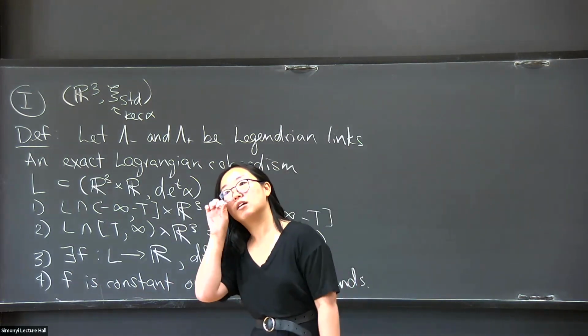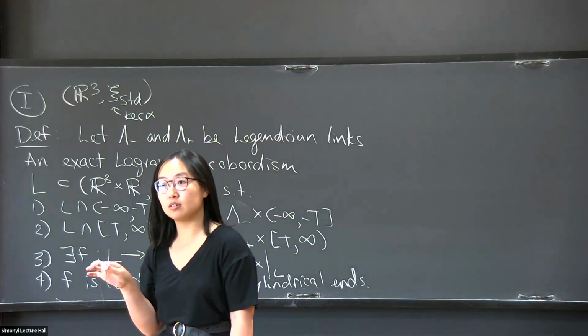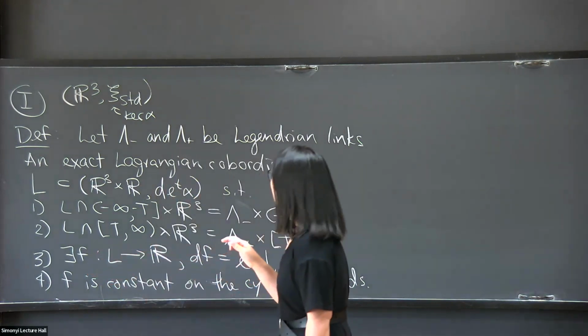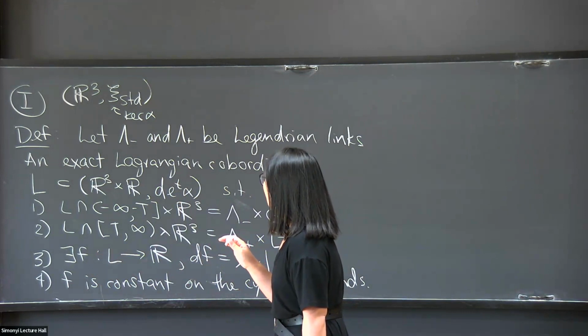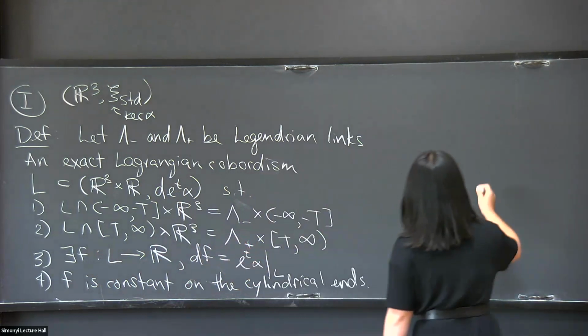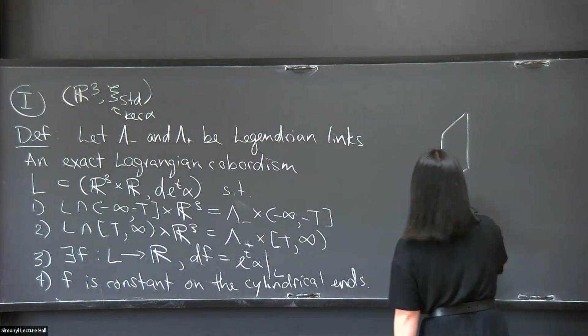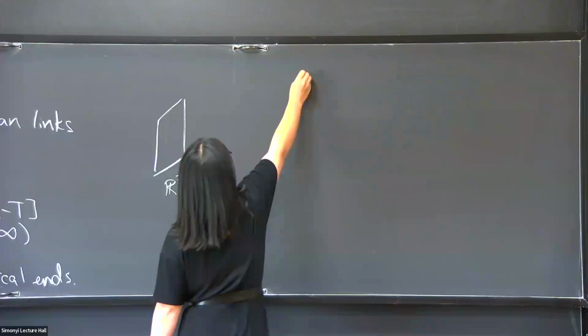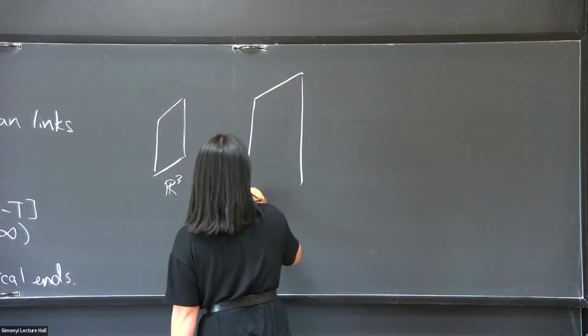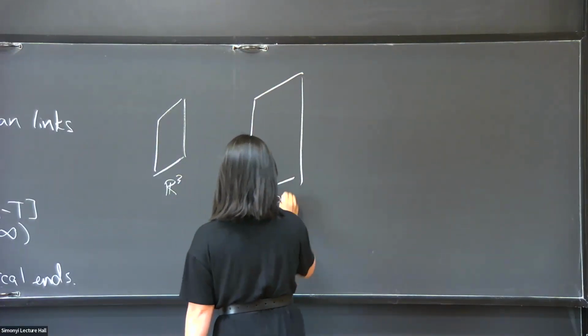Yes? I just might have missed, is the projection on the R coordinate proper? Like, is it compact in each R3? Yeah, let me draw a picture. So this is what I picture in my head, right? I have my copy of R3. I have my other copy R3.